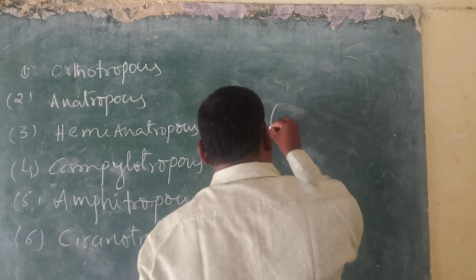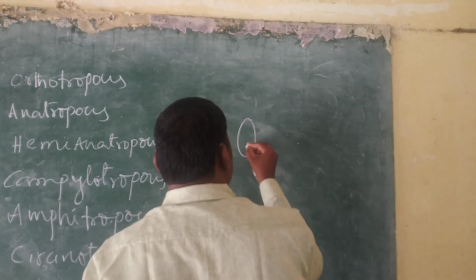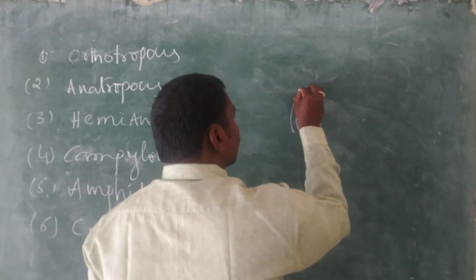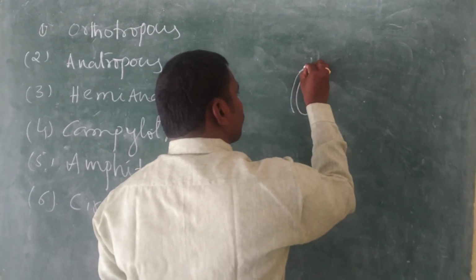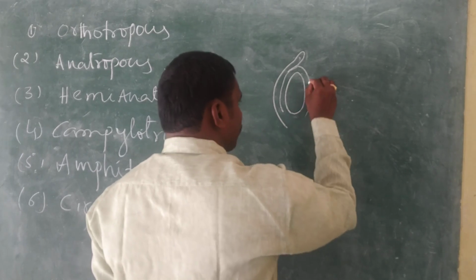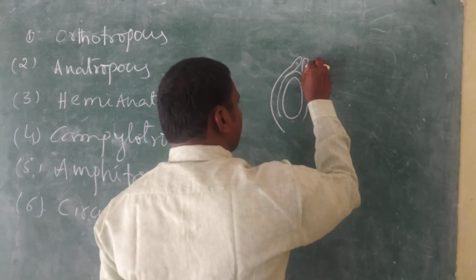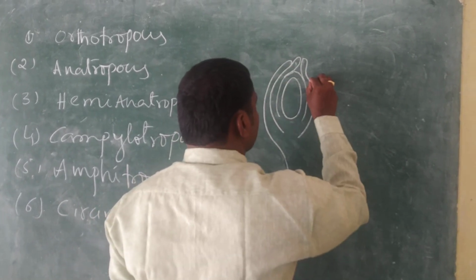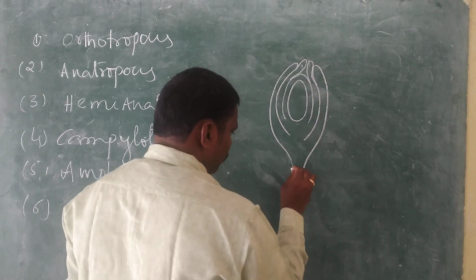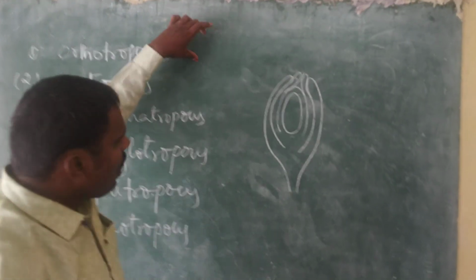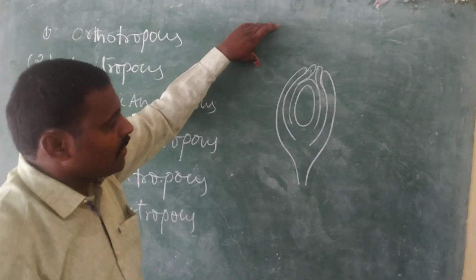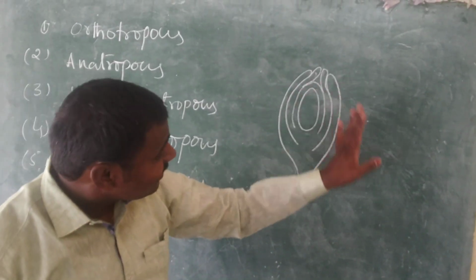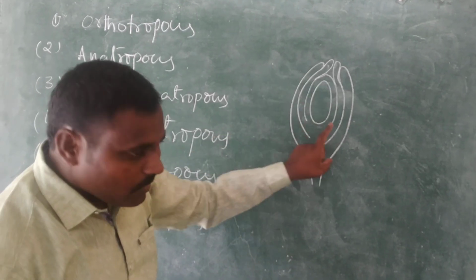If we take the structure of orthotropous ovule, it is also called erect ovule because micropyle, chalaza and funiculus lie on the same line, on a linear line.